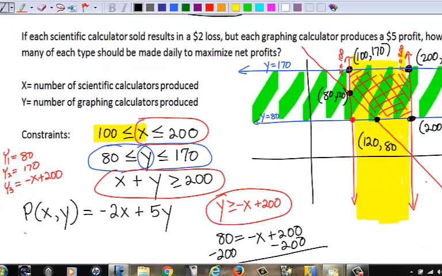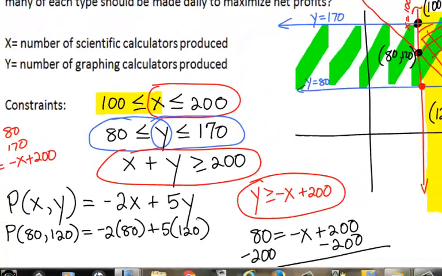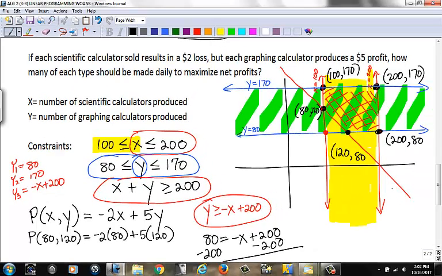Now we have to go back and sub into this function. Let's start with the 80, 120. We're going to do this on the calculator this time, to make it easier. On your calculator, go back to the home screen. Do second function quit. Take negative 2, and then in parentheses put 80, plus 5, and then in parentheses put 120.